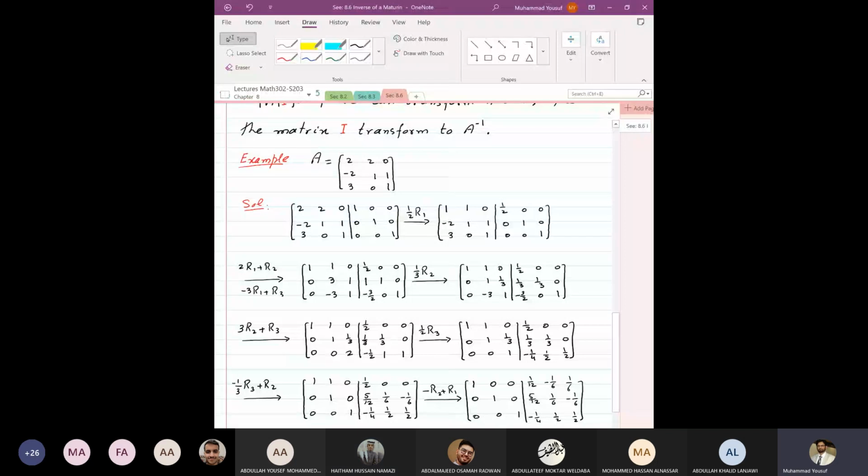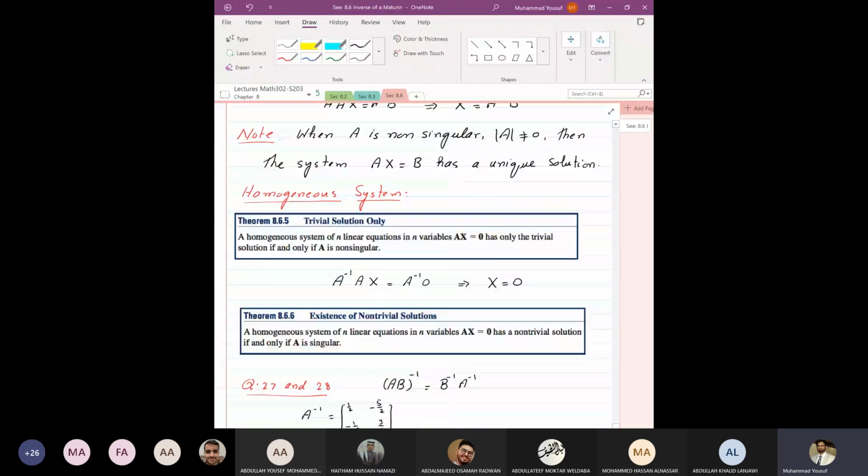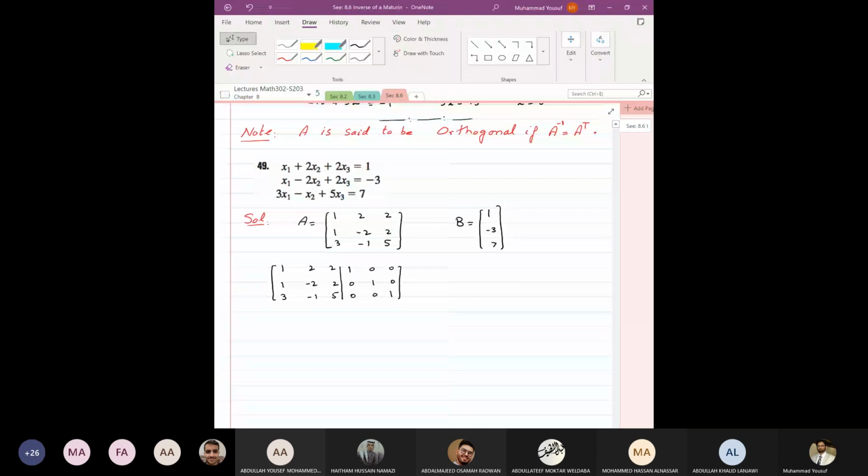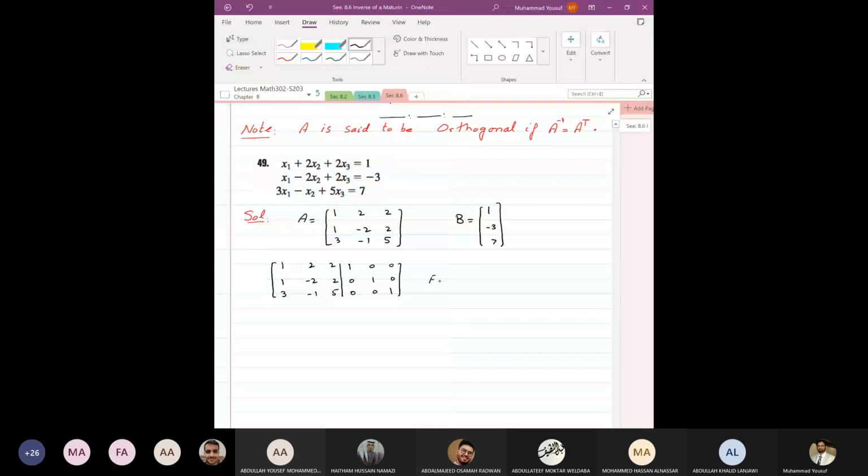So exactly the same way you find A inverse, and compute x1, x2, x3 equal to A inverse multiply B. So that is the obvious thing.